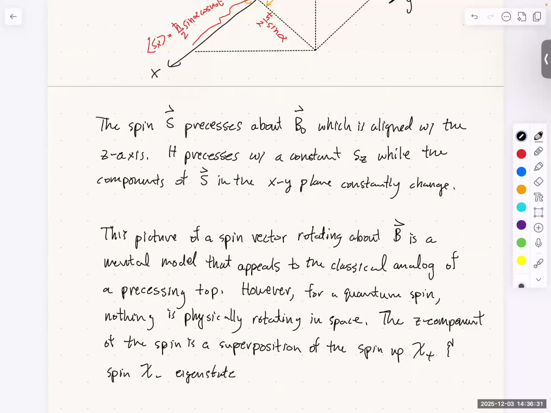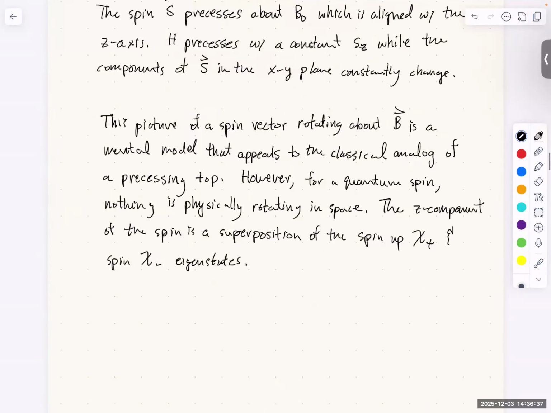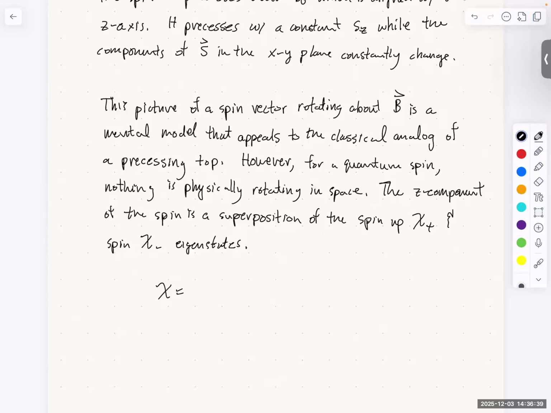And so let's see what happens if we do this. So chi is equal to A of t, pi plus, plus B of t, pi minus, where we've just worked out what these look like.